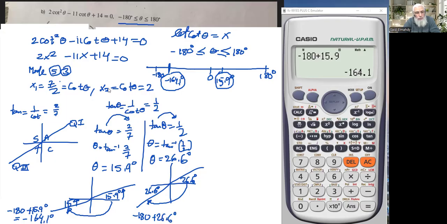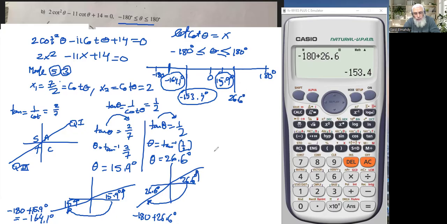What is this? It is negative 153.4 degrees. And we have this solution here, which is just 26.6 degrees.